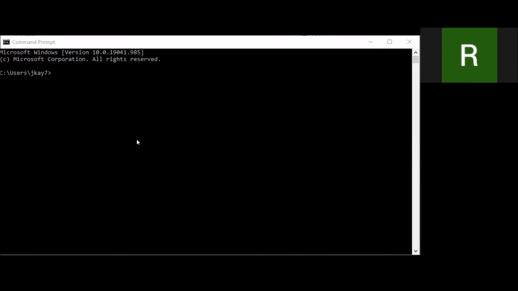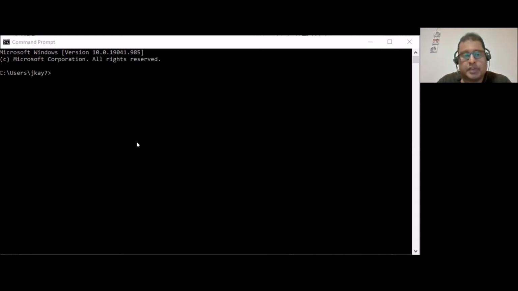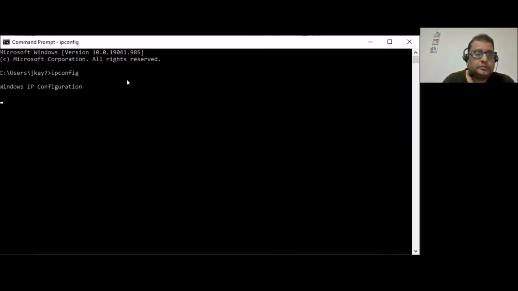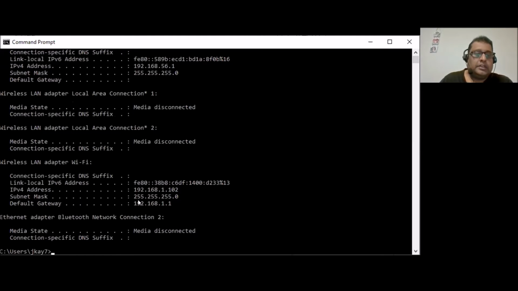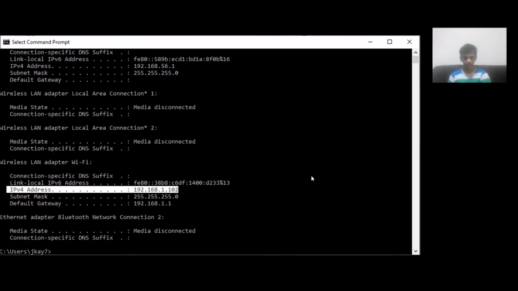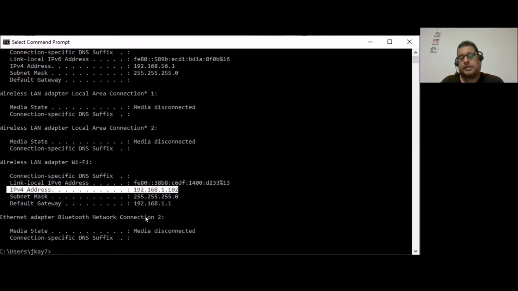So if you are using a laptop or a computer with a Windows operating system, not a Mac or Linux or something, this is the command you use to find the IP address. All right. Do you see that IPv4 address? Yes, sir. Okay. So that's my IP address, the IP address I'm connected to.